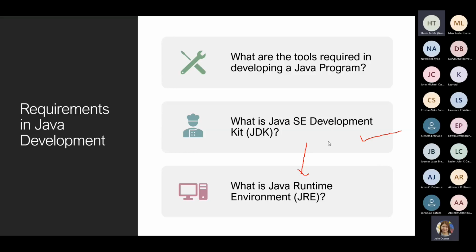Developing is ito yung part na you are coding, diba? Debugging is ito yung fixing of errors kung meron. And take note, the Java SE Development Kit is needed to install to the computer to write, compile, and execute Java programs.